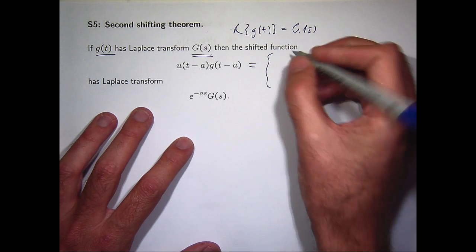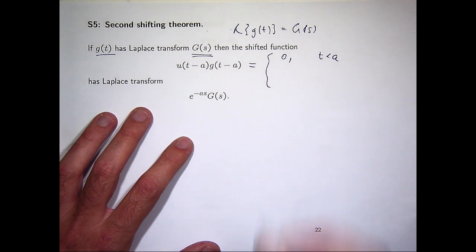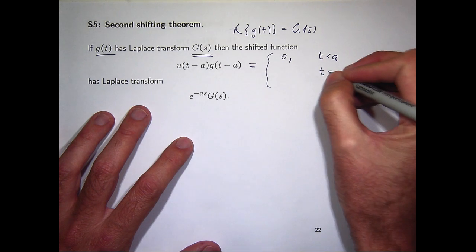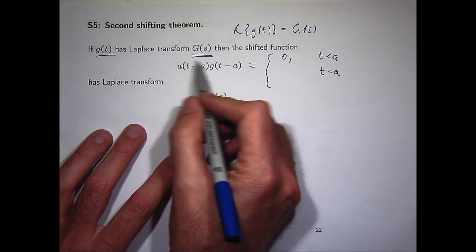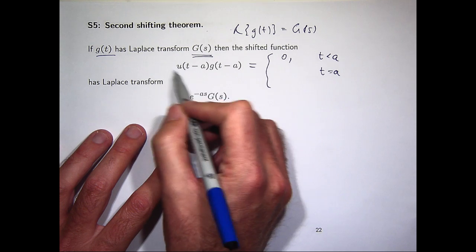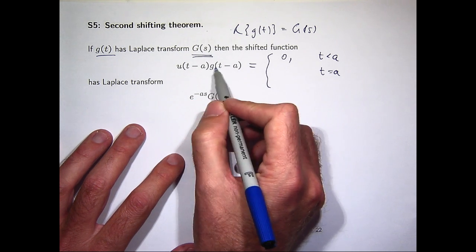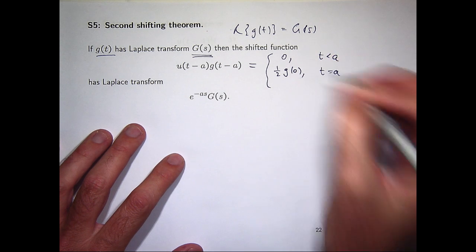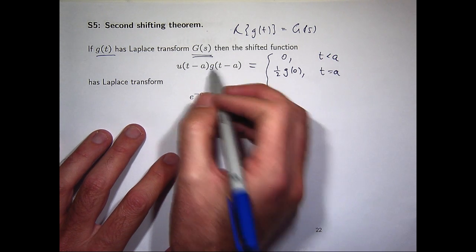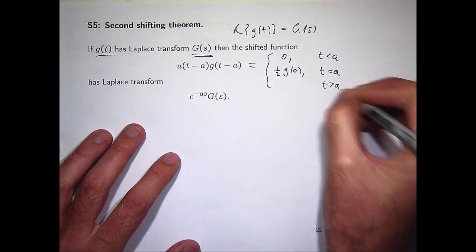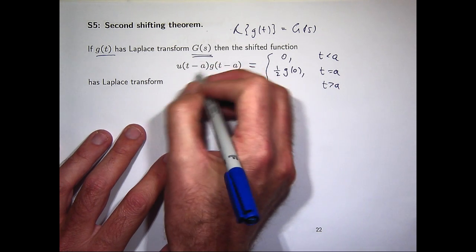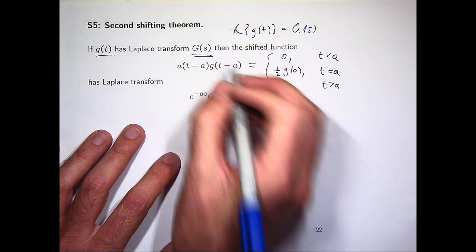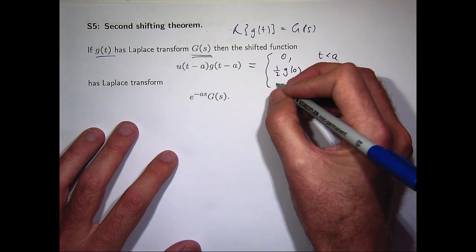So it'll be 0 times g, sorry. At the jump point, this is 1/2. And, well, if t equals a, I'll get g of 0 here. And for t to the right of a, this is now fully switched on, so it's 1, so it'll be 1 times g of t minus a.